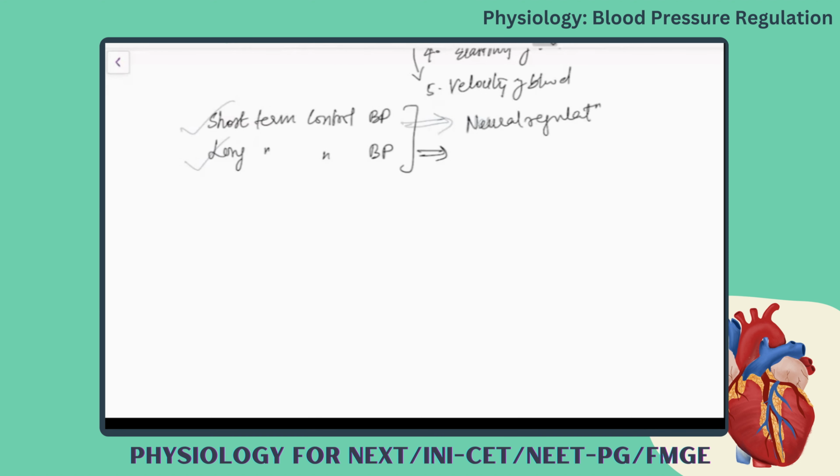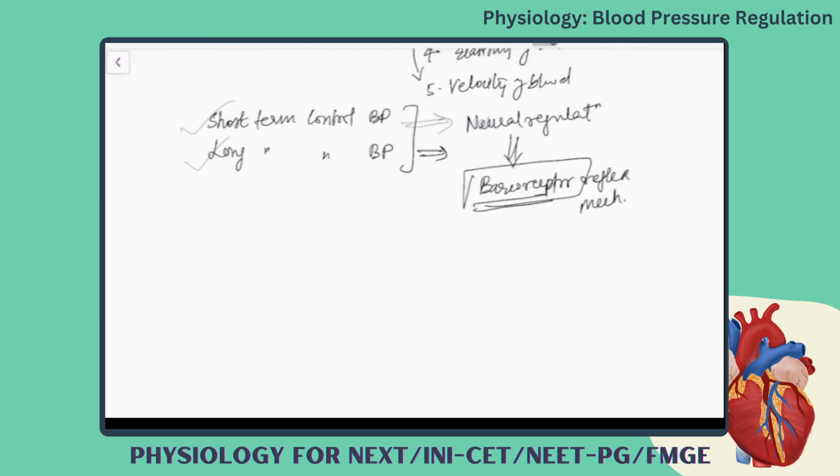This neural regulation of blood pressure by the short term mechanism is going to be mediated mainly by the baroreceptor reflex mechanism. So as the name suggests, baroreceptor reflex mechanism, what is it going to do?